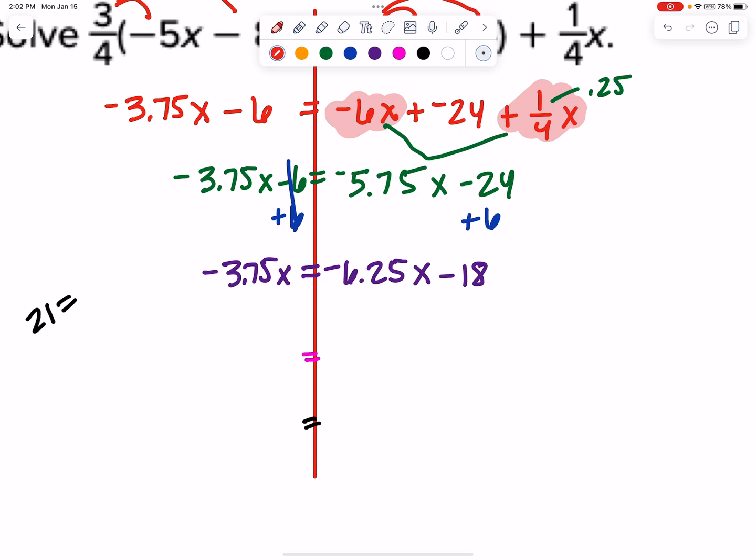All right, so let's go ahead now that we have the correct numbers here. What we're at, purple here, -5.75x. Okay, so now that we did that, we can go ahead and add 5.75x to both sides. Okay, that goes away.